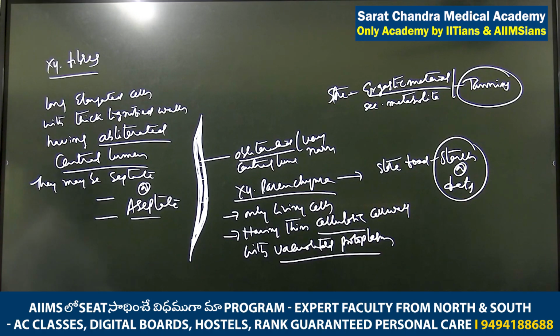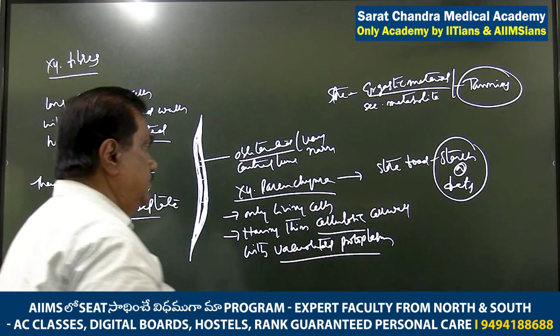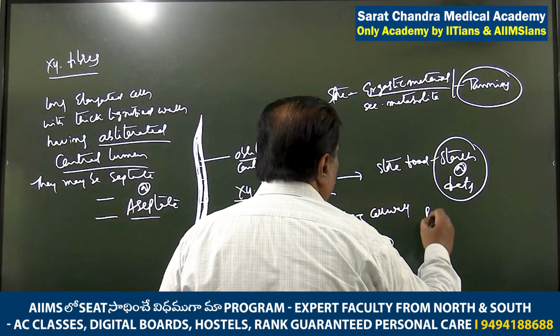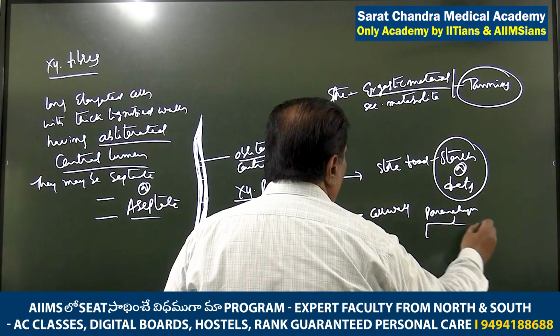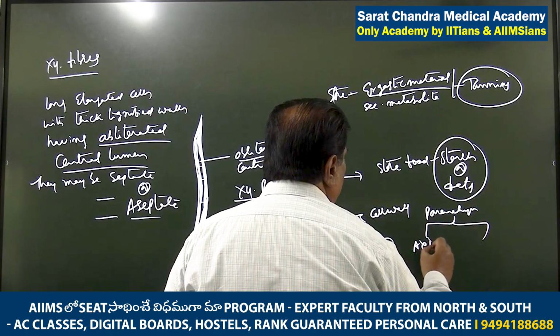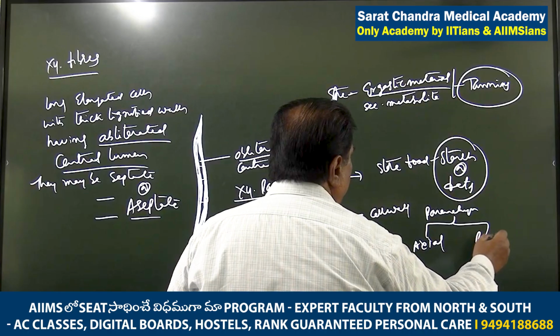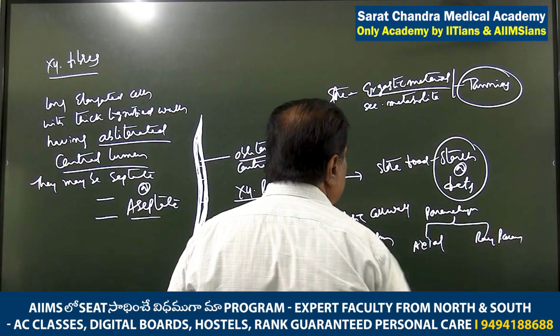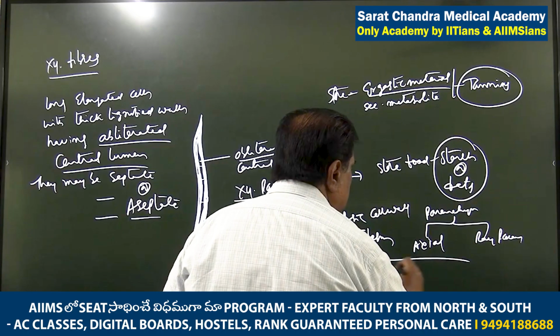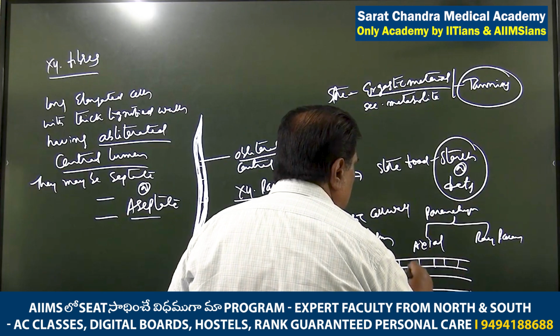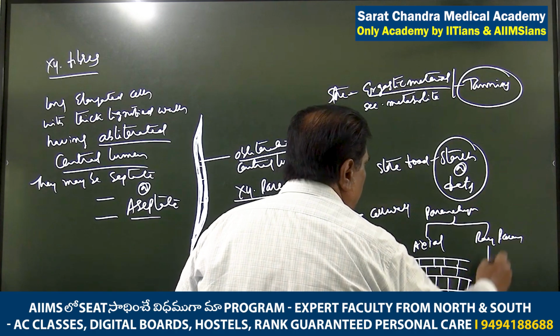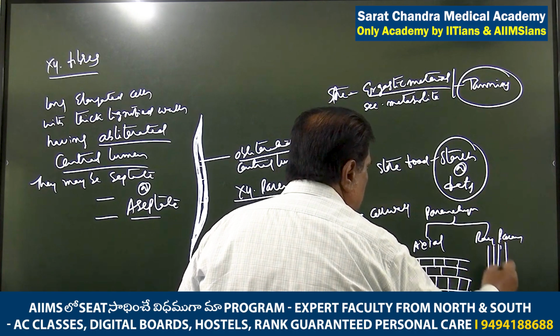Generally, parenchyma having two kinds of cells. One is called as axial parenchyma. Second one is called as ray parenchyma. This is axial parenchyma. And this is ray parenchyma.